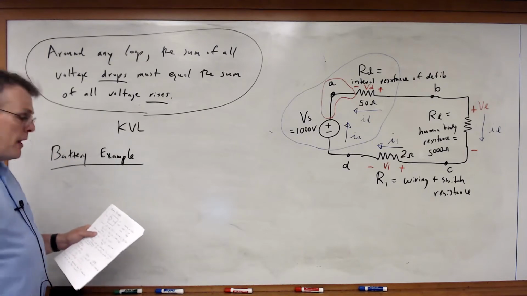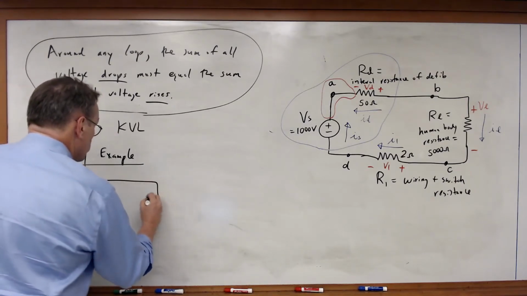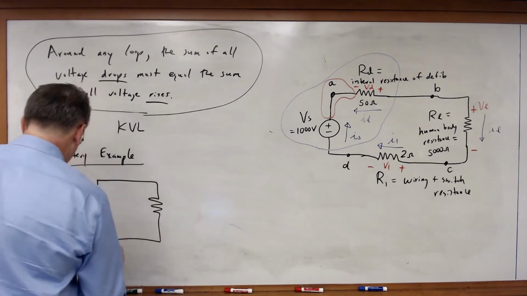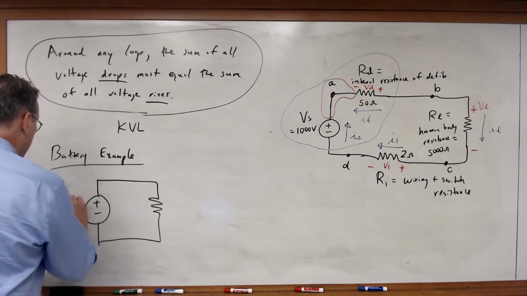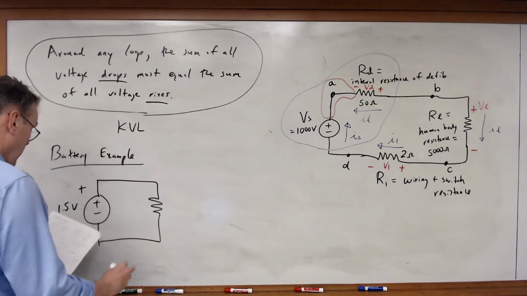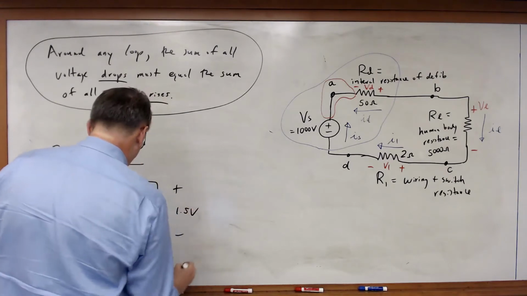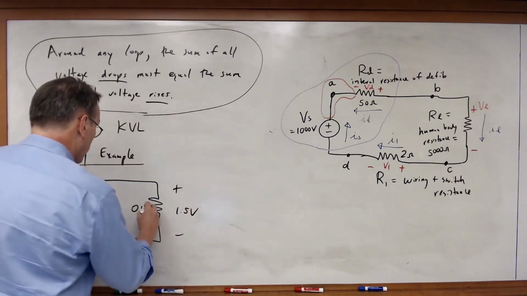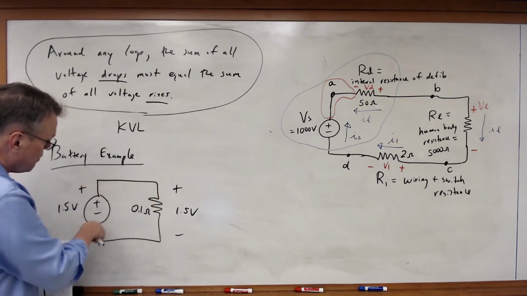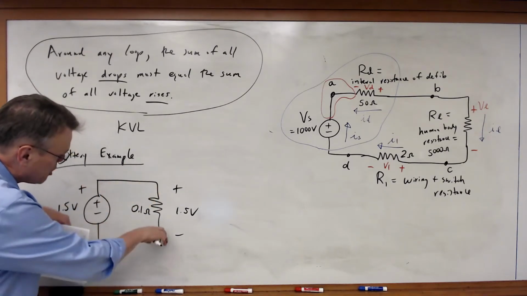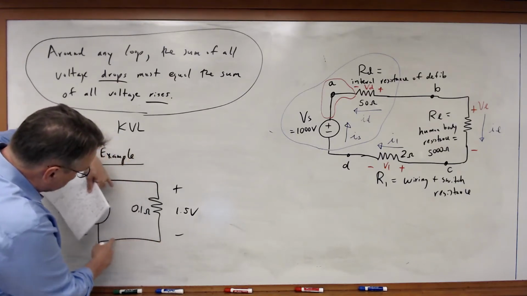So here we have our battery example where we had the short-circuited battery, which was composed of a voltage source of 1.5 volts and a resistor. And as we talked about before, since these two wires are the same node, the same connection, I've got the same 1.5 volts all the way across.